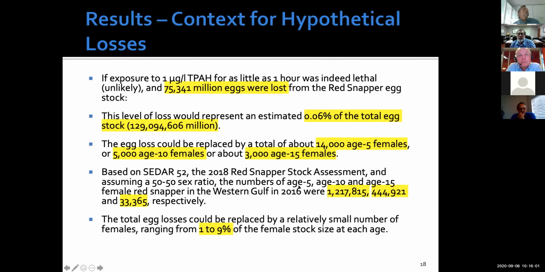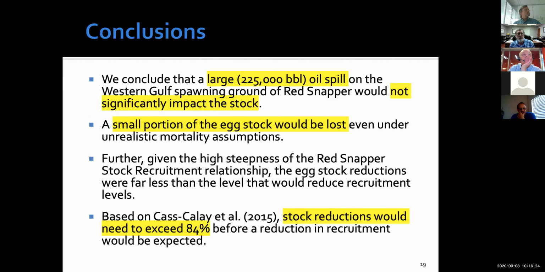And if you look at how many there are in the stock, based on the stock assessment, there's 1.2 million age 5, 445,000 age 10, and 33,000 age 15. So the total egg loss could be replaced by a relatively small number of females, ranging from 1 to 9% of the total stock. We conclude that a large spill, as I've defined, would not significantly impact the stock.